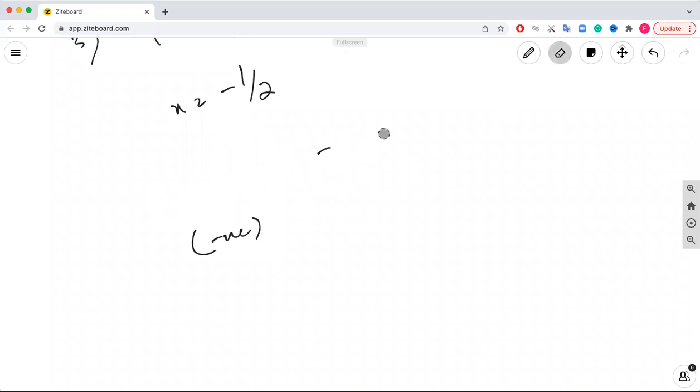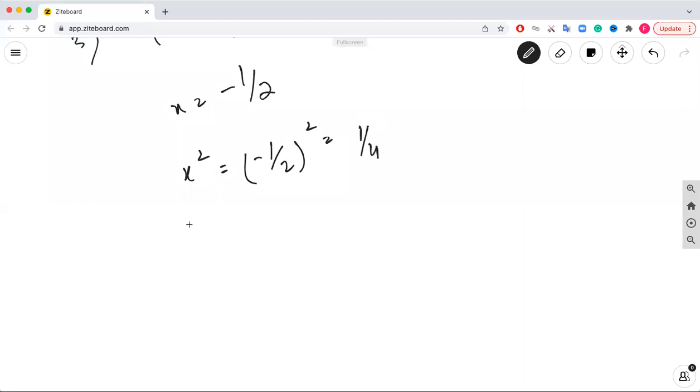Now, if x is -1/2 and I increase the even power of this, the square will become 1/4, and the fourth power is 1/16, right?